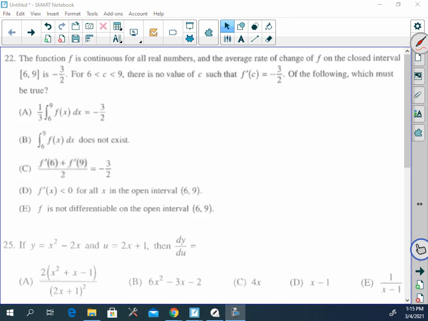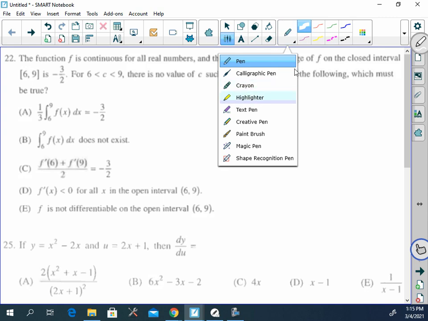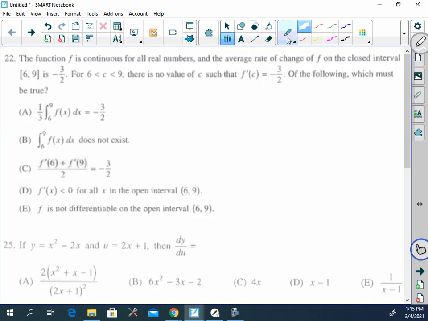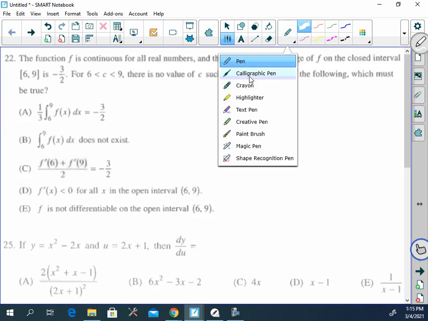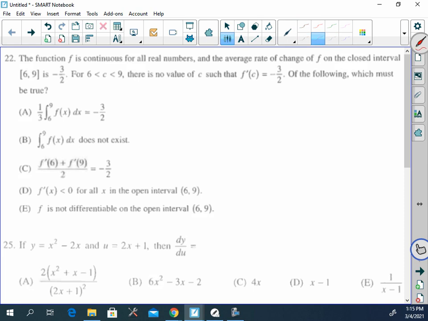Alright, I'm looking at number 22 here. If I look at the answers, I can kind of see what the questions pertain to. The first one looks like the average value of the function from 6 all the way up to 9, with the 1 over 9 minus 6, the 1/3, out front.